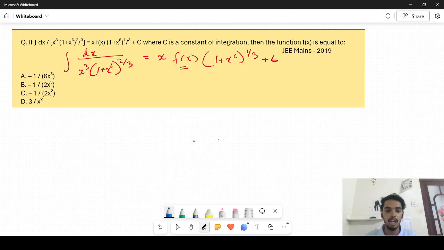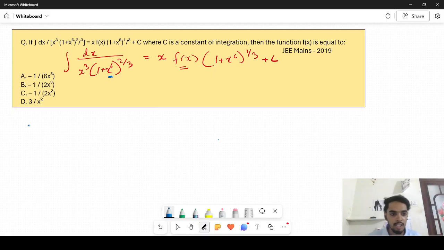How will we solve this question, guys? I told you in our theory classes: if we have integration in this format, with a polynomial in the numerator and denominator, you have to take the highest power of the polynomial outside. Here the highest power is x⁶. Take that common.